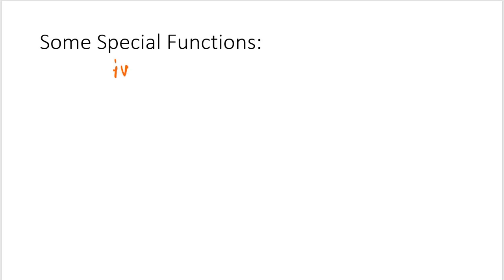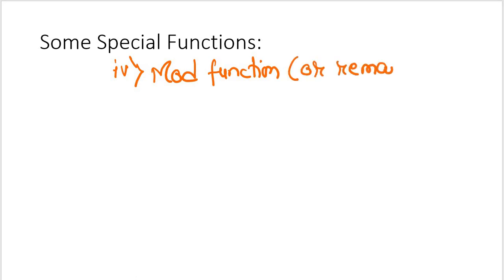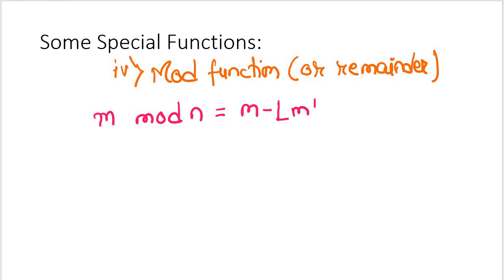Now next is your mod function, or you can call it the remainder function. In this, if suppose I have m mod n, this will be m minus n times the floor of m by n.